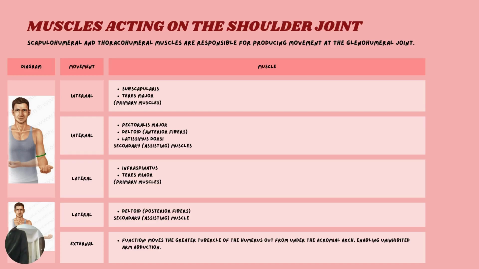The movement of external rotation is from the neutral position upwards, like this. The external rotation of the humerus moves the greater tubercle out from under the acromial arch, which allows uninhibited arm abduction to occur.